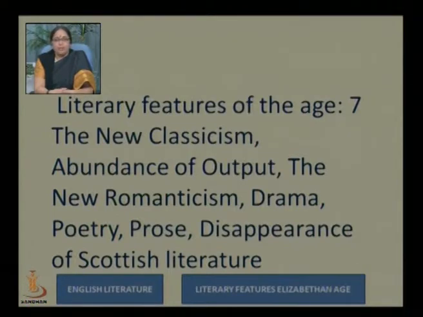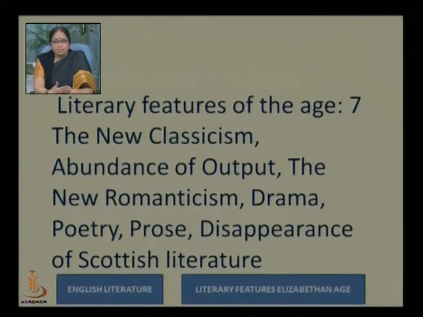The first one is the new classicism. What do we mean by the new classicism? Classicism was already there. There was a lot of study of the classical texts, classical language. Latin, as we know, was very widely used. But now, with the new age, new classicism, there was a return to Greek literature.